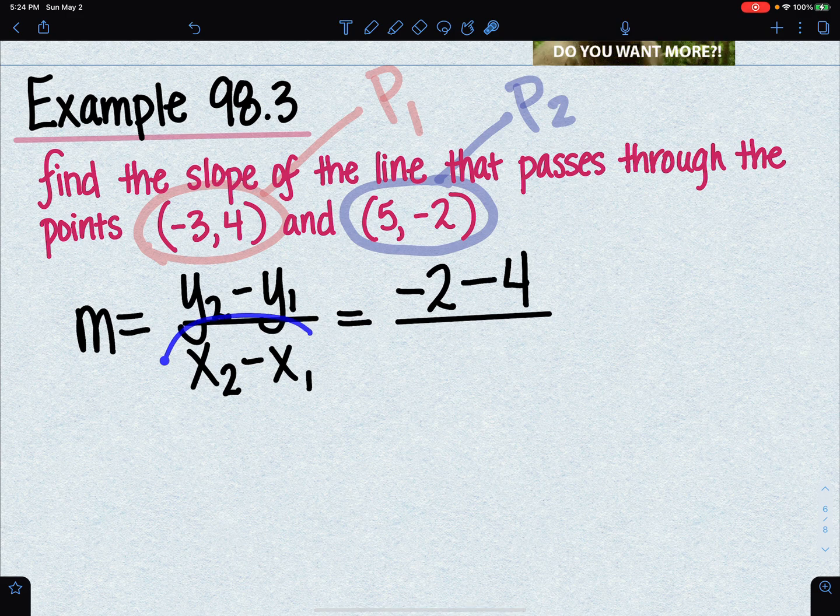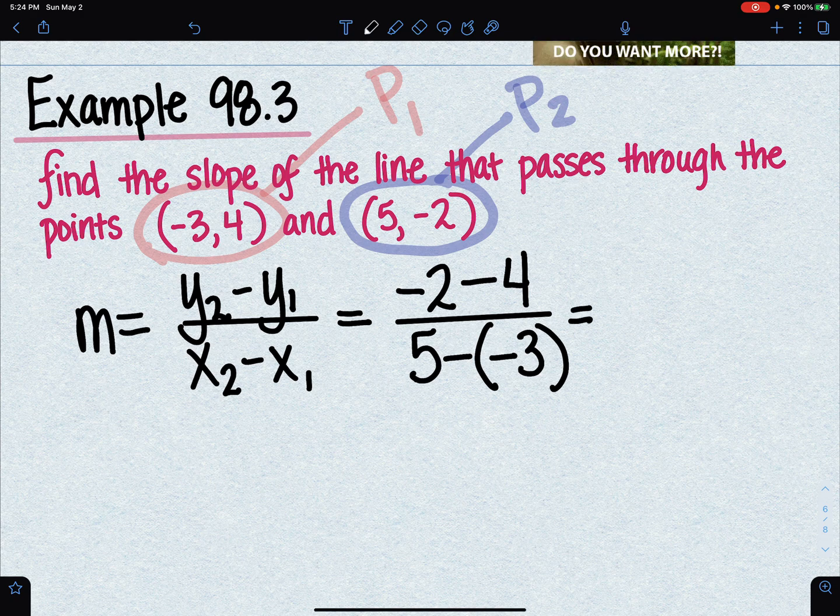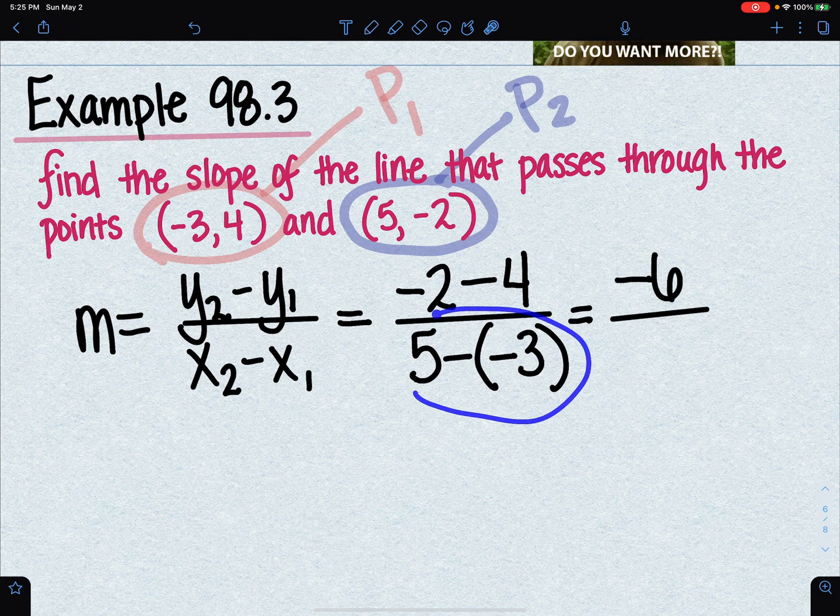All right, the bottom part is going to be x2 minus x1. So x2 is going to be here, 5 minus, and then this is x1, minus a -3. So when we simplify this, we get on the top -2 minus 4, which is -6, and on the bottom we have 5 minus a -3, which is 5 plus 3, which is 8.